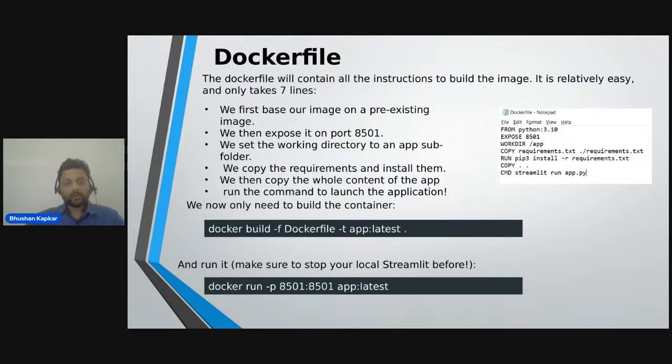So this is how we will have our entire Docker file available with us. The next step is to build a container image for it, where we use this particular command line to build the Docker image. Once you have Docker installed on your desktop, you can check by typing docker whether it's installed or not.